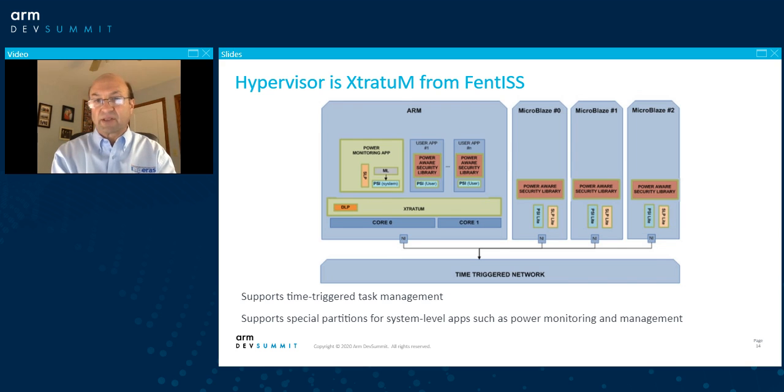Plus we have, in this case, 3 microblaze-based tiles in the programmable logic, and these are all connected by the time-triggered network. So the XtratuM hypervisor supports the time-triggered task management that's required in this architecture, and supports special partitions for system-level applications, such as the power monitoring and management.